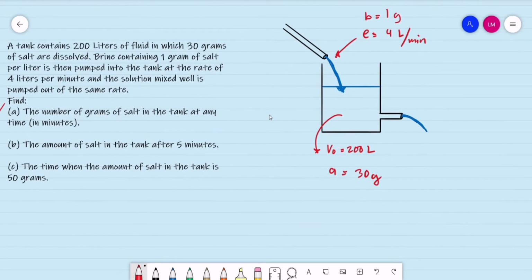Then the rate of liquid coming out from the tank, let's say F, is equal, according to the problem, to the same rate, 4 liters per minute. We don't know the concentration of the salt for this one.